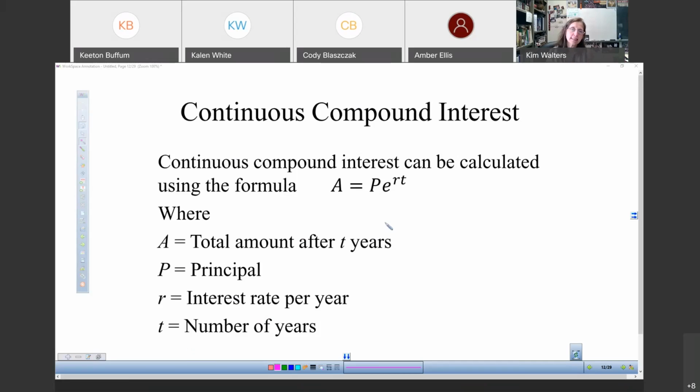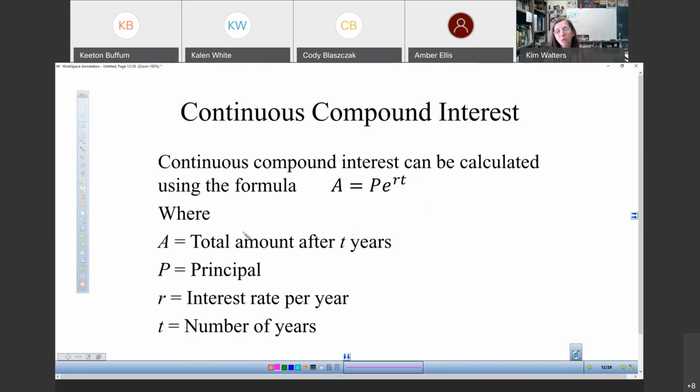And what we say is that the interest is literally being compounded continuously, okay? It's a lovely concept. We talk a little bit more about this in business calculus as to how this actually works, okay? But for right now, you just need to know we have a different formula.